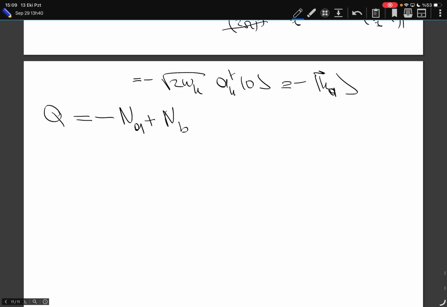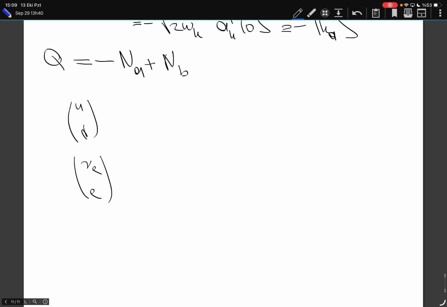But for those who know some particle physics, let's say there are the up and down quarks, the electron neutrino, and the electron itself. If you sum the charges of all these particles, the anomaly is proportional to this total charge, which turns out to be 0. So even the weak interactions, because we have all these particles, don't have this anomaly.